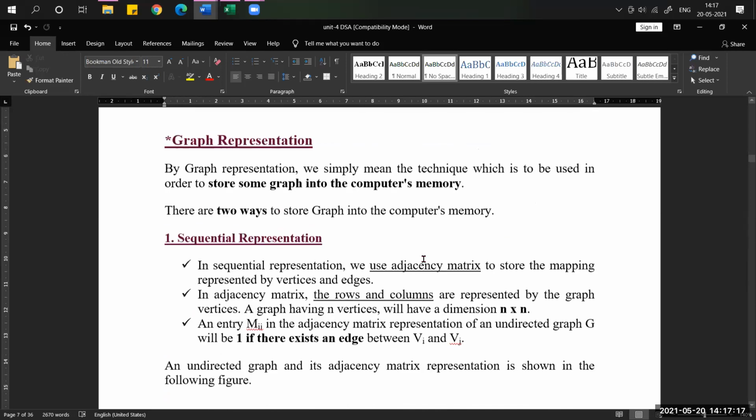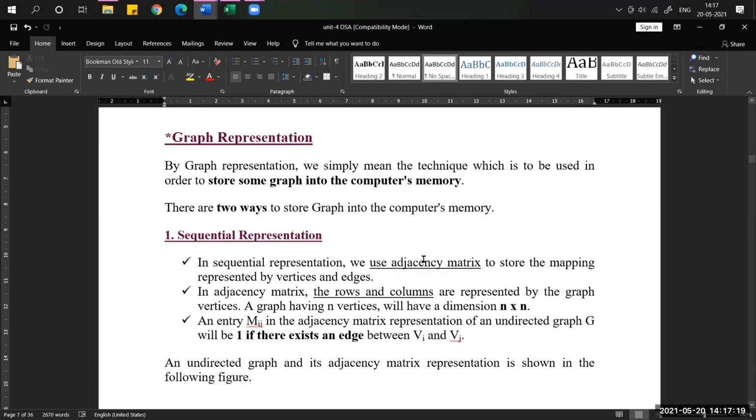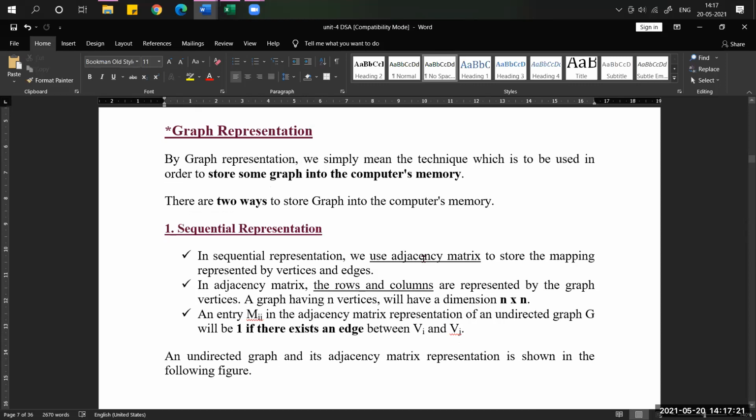Next, the main concept in today's session is graph representation. Representation here does not mean how it is going to be created, or how we are going to draw it. This topic belongs to memory. I mean, how the graph is stored in the computer's memory.